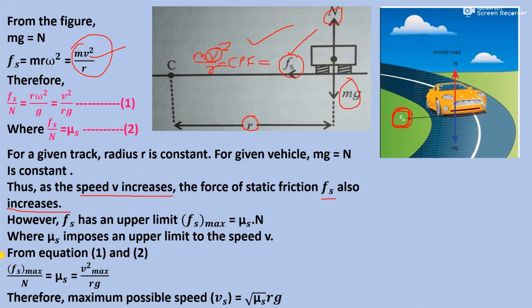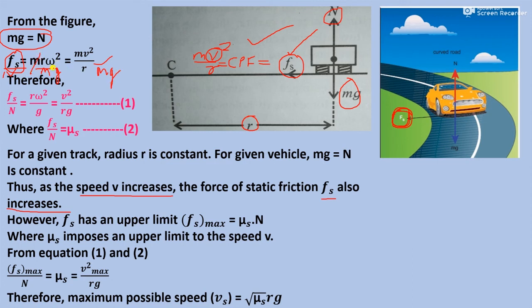To find that maximum velocity from equation 1. Here we have taken Fs as m r omega square and mv square by r. So what is to be done? We divide this Fs by N, where N is nothing but mg. So this factor should be divided by mg, and this factor is also divided by mg.